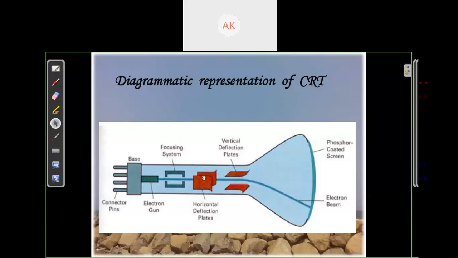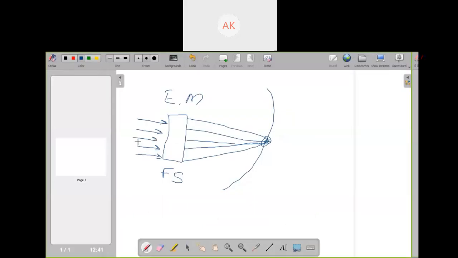Again, there are two kinds of deflection: electric deflection or magnetic deflection, mounted outside the CRT, and it will deflect the electron beam. There are two pairs of deflection layers: horizontal deflection and vertical deflection. The horizontal deflection layer will move the electron beam horizontally, and the vertical deflection layer will move the electron beam vertically, like this.